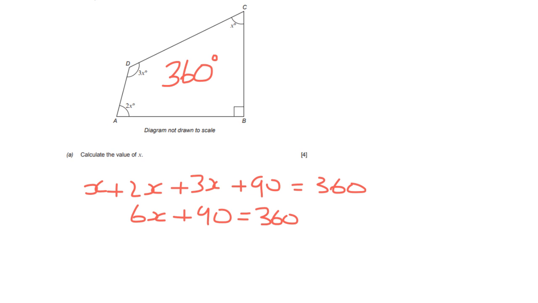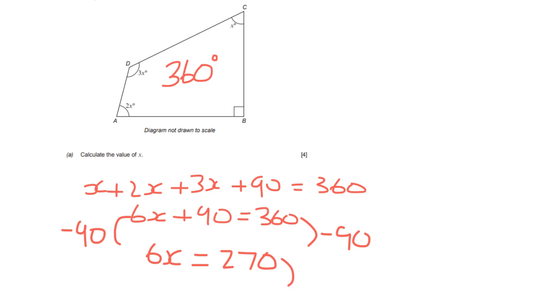So now to solve that two-step equation, take off the 90. So 6x equals 270. Divide that by 6. So x would equal 45 degrees.